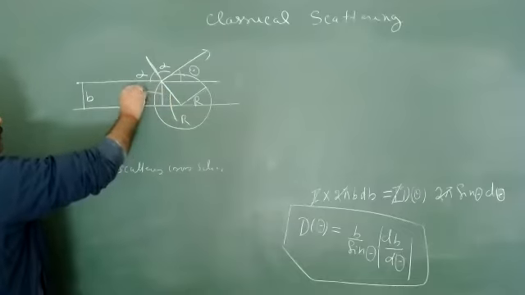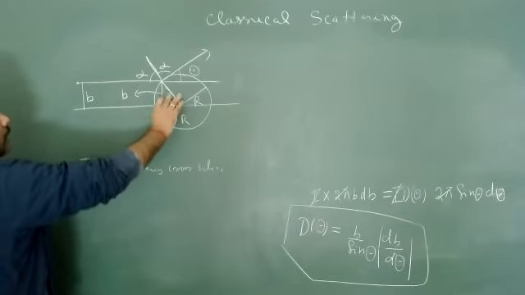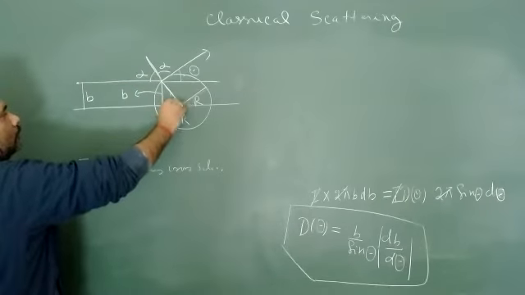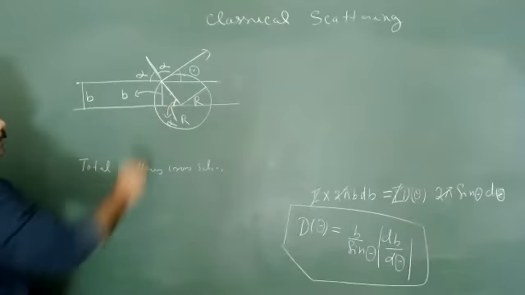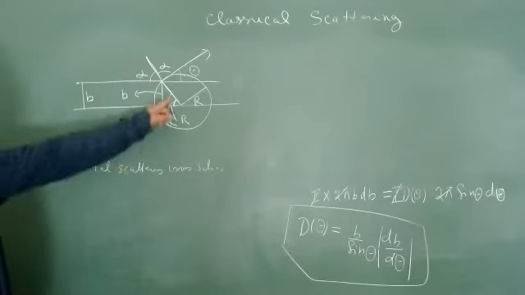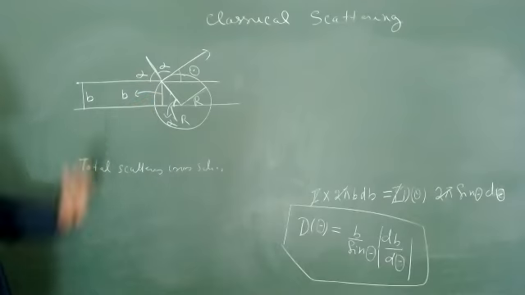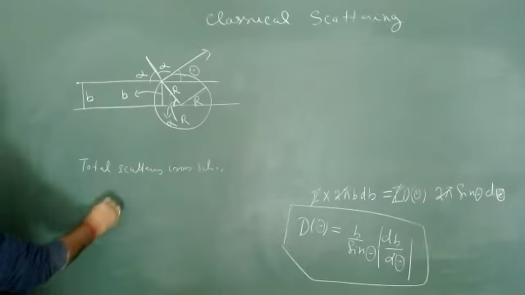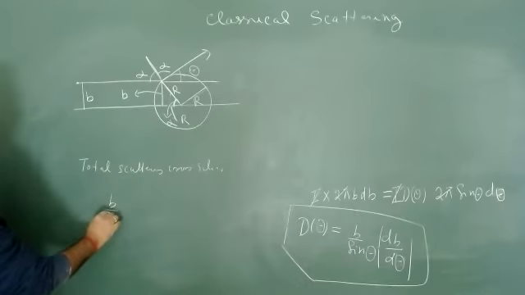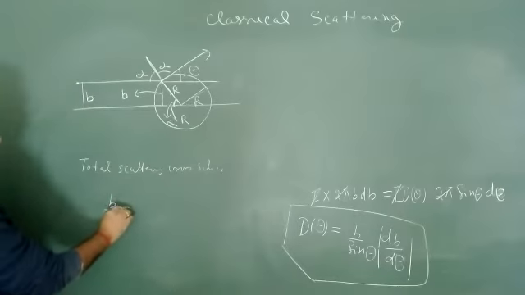So what is this value? This value is b. And what is this angle? This angle is alpha. So this angle is alpha and this value is b. And this value is r.